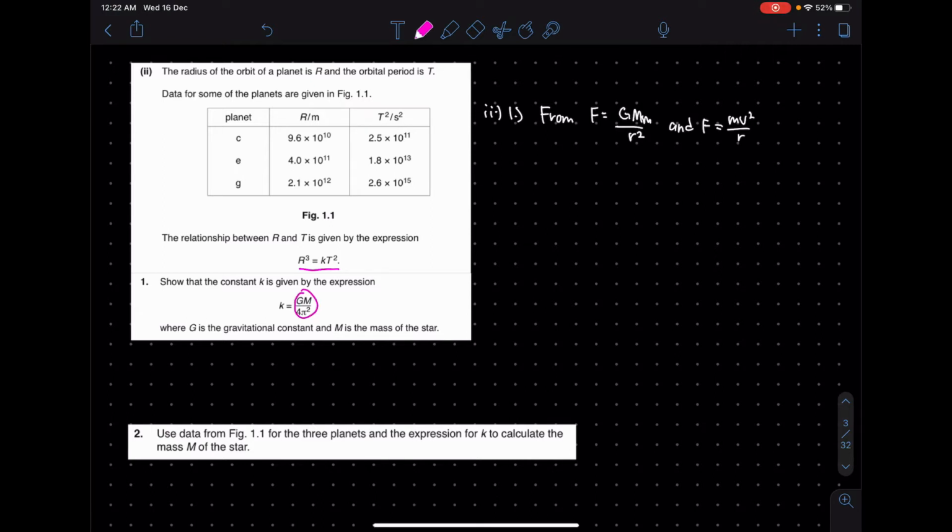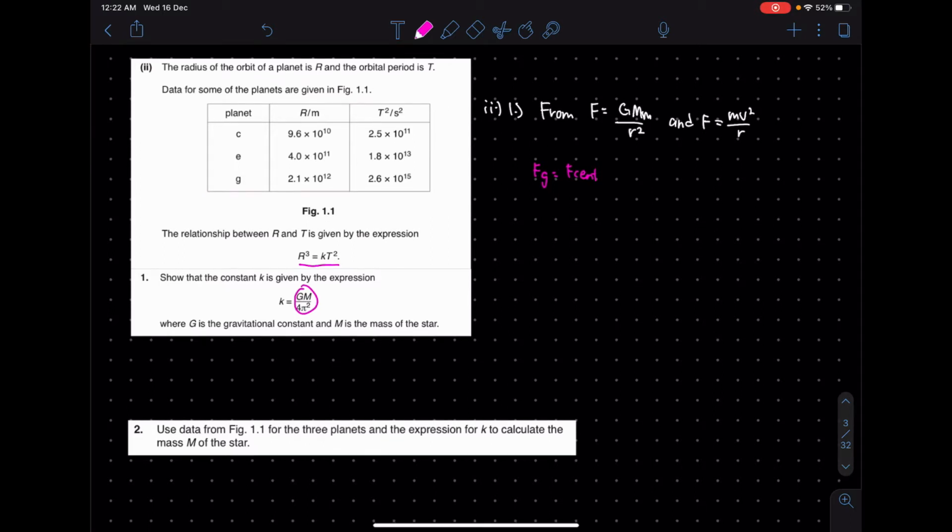What can we find that is related to this? Since we're talking about planets and orbits, we can use the concept behind the gravitational force and the centripetal force. That is, the gravitational force is equal to the centripetal force.